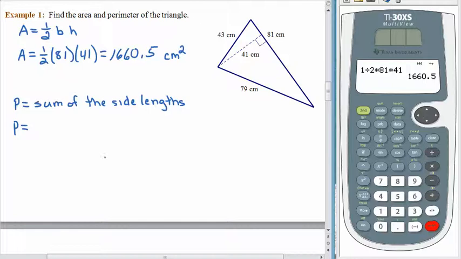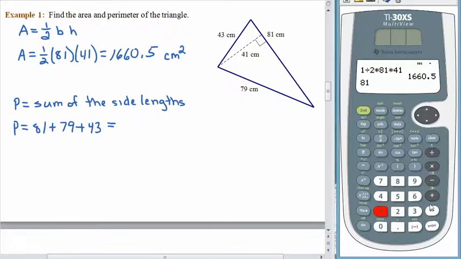We want the sides. So we would like 81 and 79 and 43. The 41 is the height, and that's on the inside, which is not part of the perimeter. So 81 plus 79 plus 43, and what are we looking at? 203.